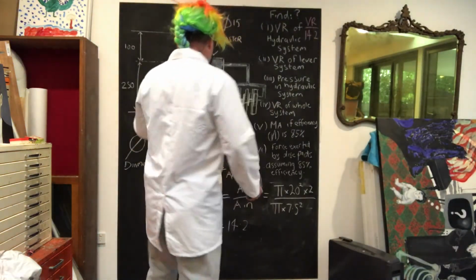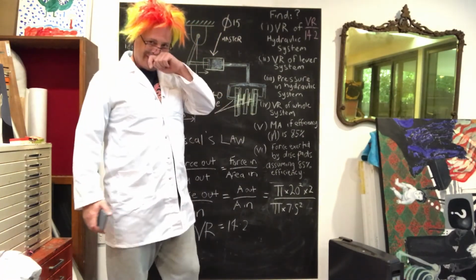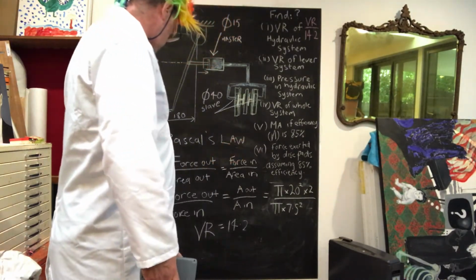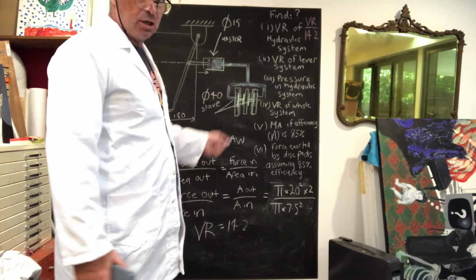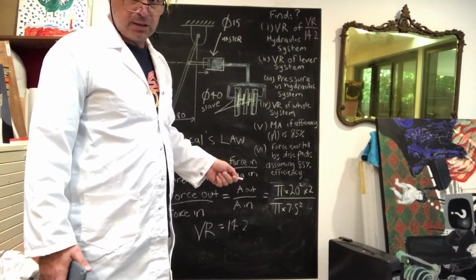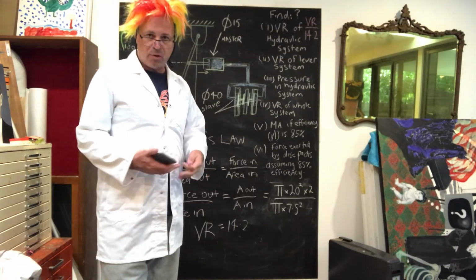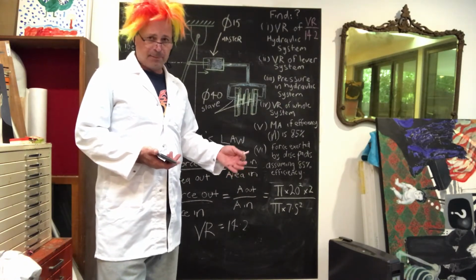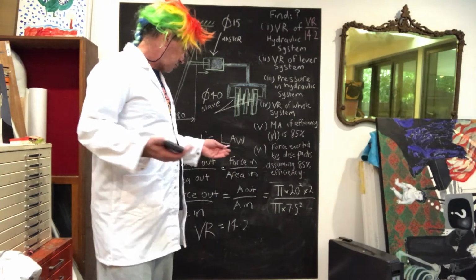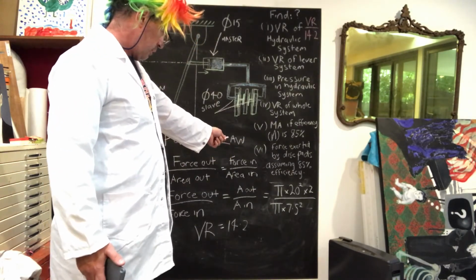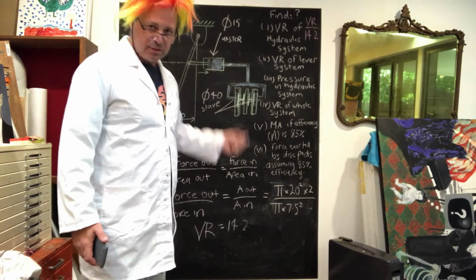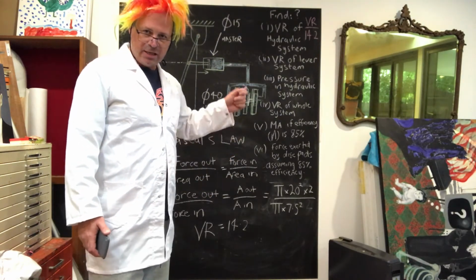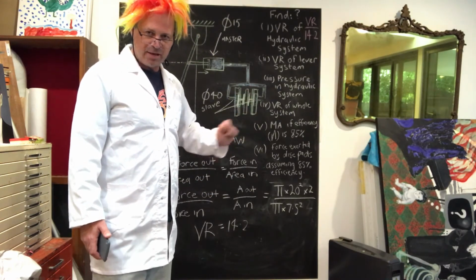For instance, if the area doubles, you'll need to do that. And you also have found a way of calculating a velocity ratio for a hydraulic system. If you want a velocity ratio for a hydraulic system, all you need to do is take your area out and divide by your area in. So velocity ratio for a hydraulic system is area out over area in.